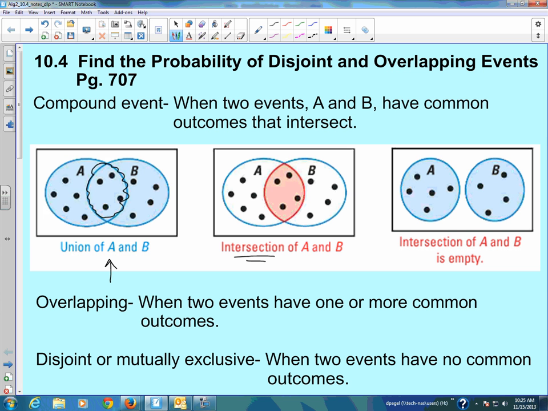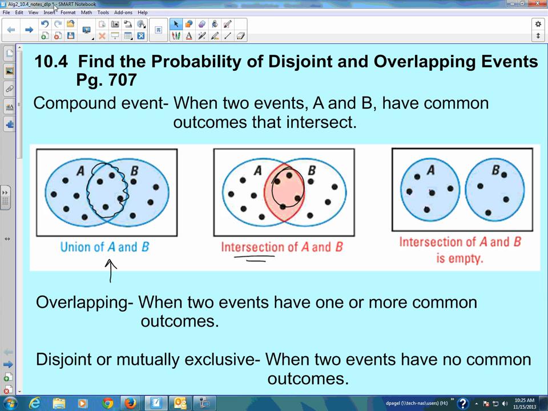When we're talking about probability of these two compound events, we don't want to double count events from A and B. So we get rid of these 4 events, and we end up with just the events for A and the events for B that do not overlap or are counted twice.